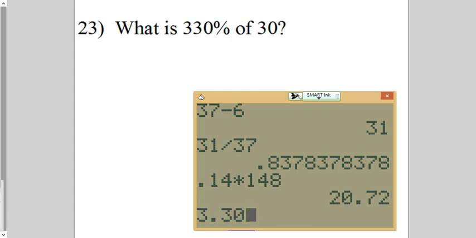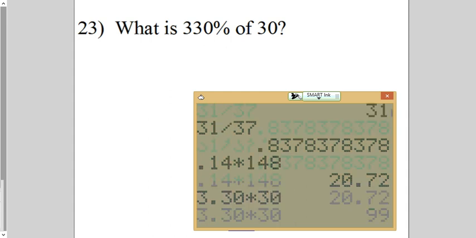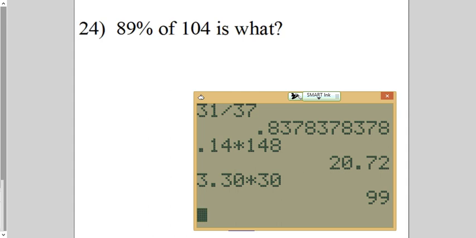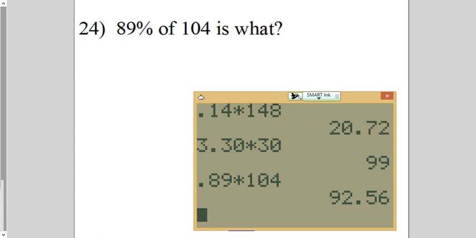330% is the same as 3.30. 89% is 0.89. So literally the answer to the question is, what's 89% of 104? 92.56.